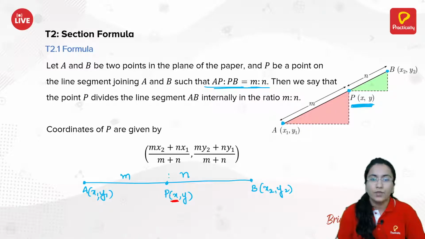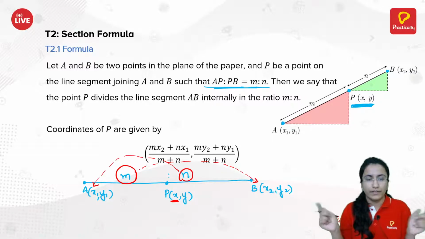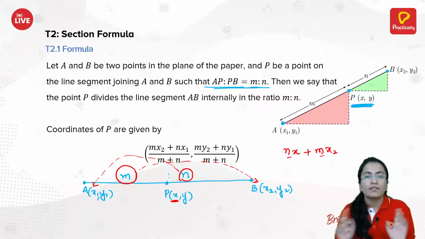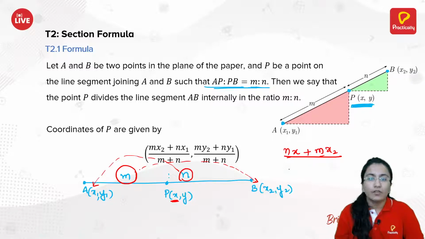Multiply this value with the x coordinate of the other one, like the opposite one. So n into x1 plus m into x2, you have multiplied these values. Now you just need to add them, and in the denominator you write the sum of these values m and n. That's it, right?